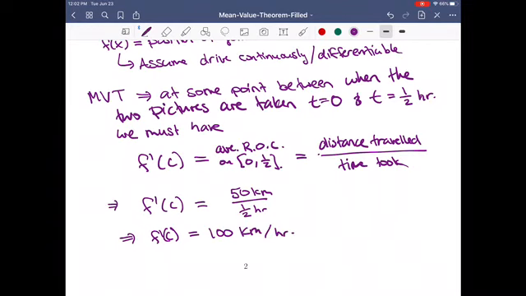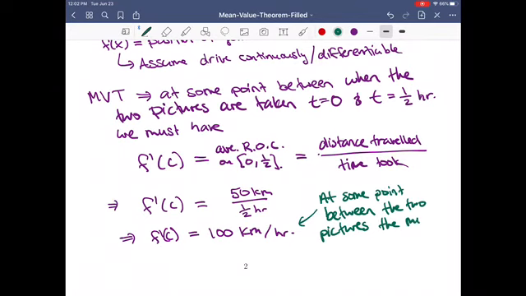So at some point between the two pictures, the Mini was traveling 100 kilometers per hour.